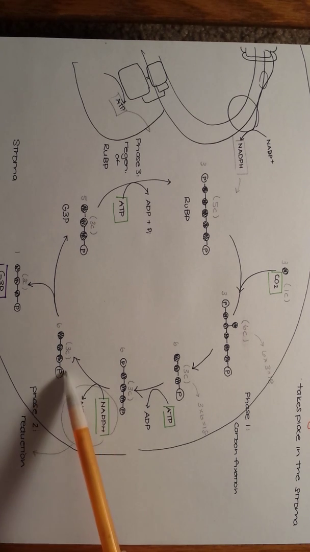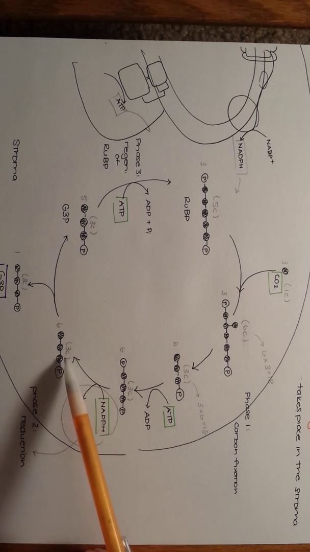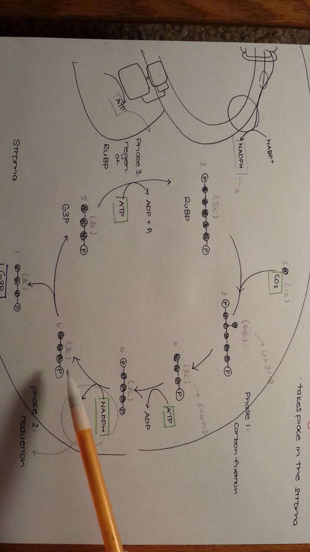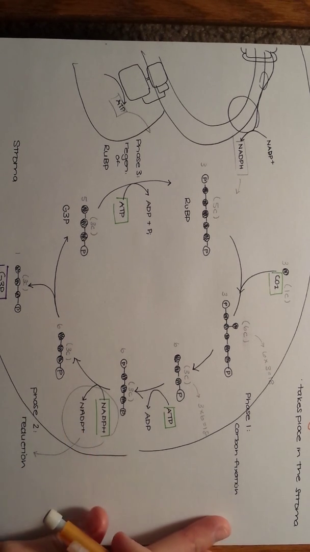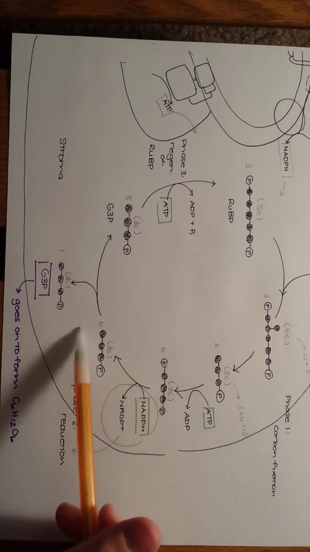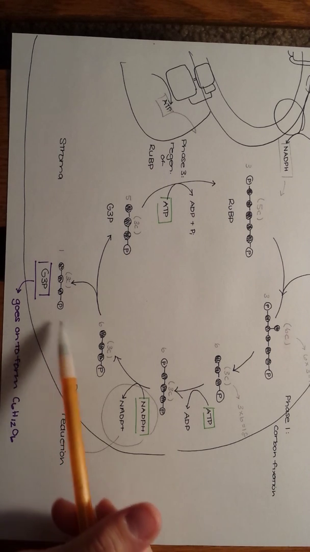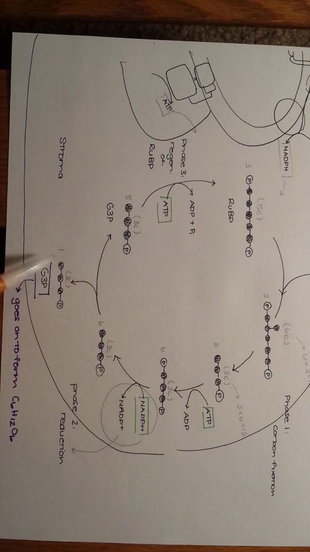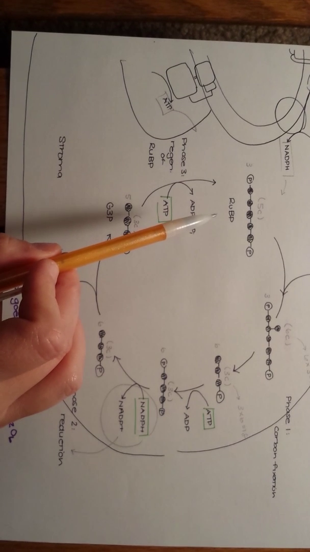And so here again, you see now you have another 3 carbon molecule, and now it's only got 1 phosphate. And so then you end up with your molecule of G3P, but remember we had 6 3-carbon molecules, so again you will have 6, but you have 1 G3P that's going to come out. So 1 3-carbon molecule, and then the other 5 3-carbon molecules are going to go on to regenerate RuBP.